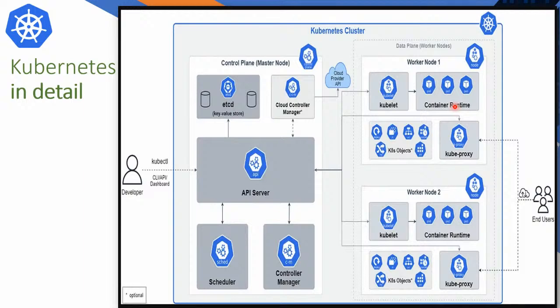You do not need to mention the tool name, whether it's Docker or Mesos or Rocket, or for that matter, any other containerization tool. So containerd. So this is the container runtime, and you see these are the Kubernetes objects. What are these? We will learn this. These are various objects that we are going to use. So with the help of these objects, we are.